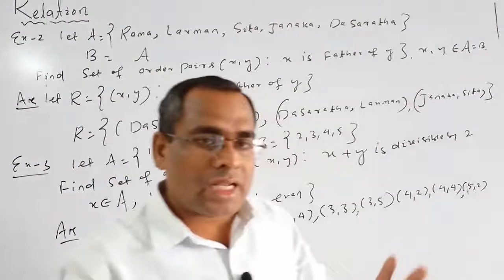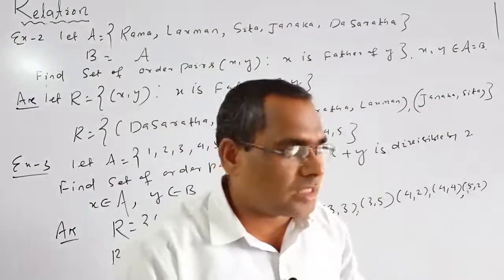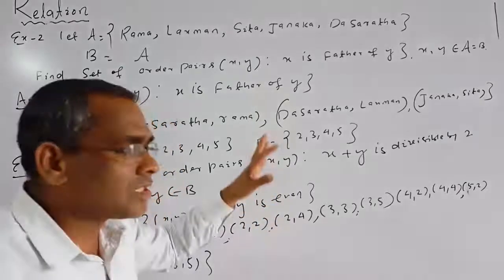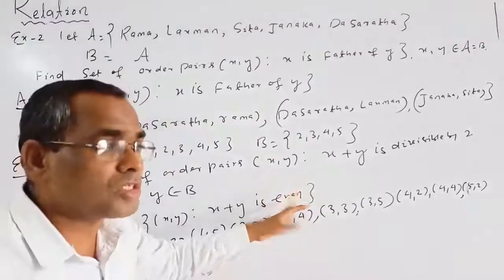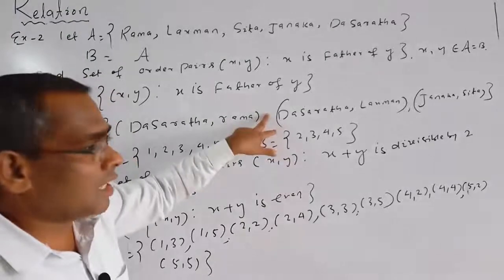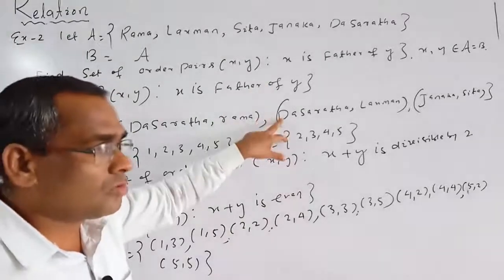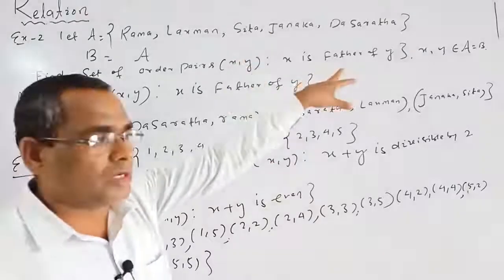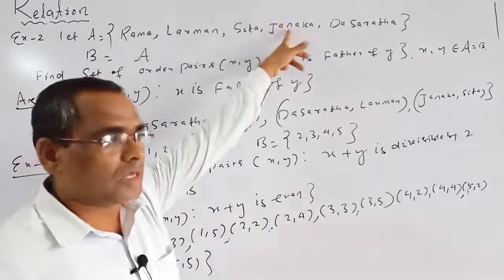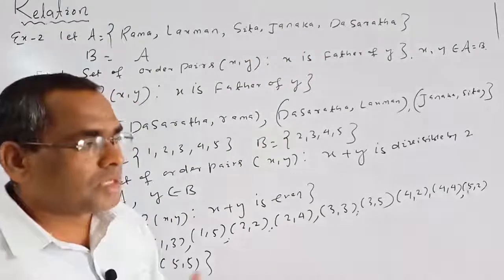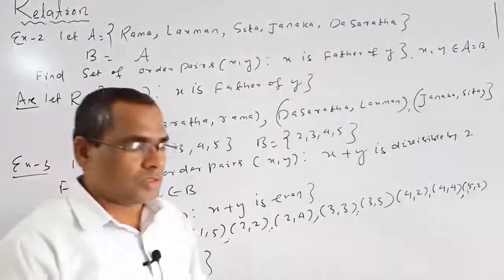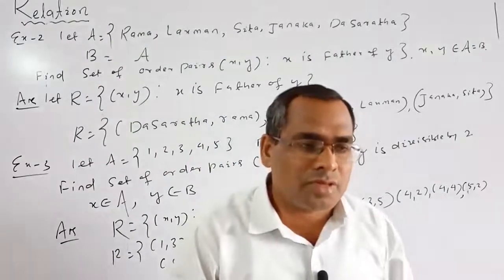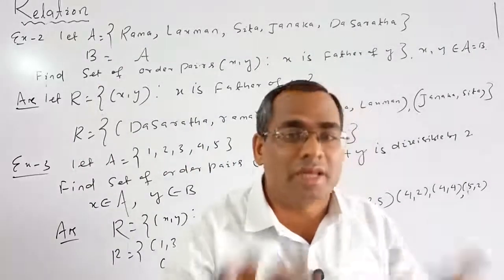So here R is a relation. In example 3, R is a relation where the sum of two numbers is divisible by 2. In example 2, R is the father relation from A to B. In example 1, R is the capital relation from A to B. So what do you mean by relation?